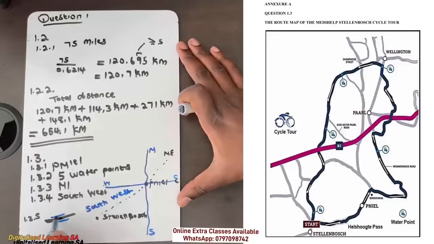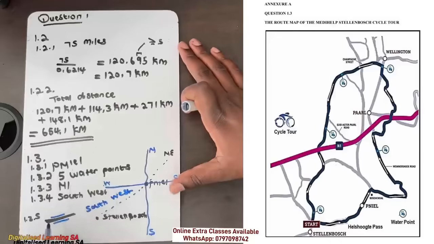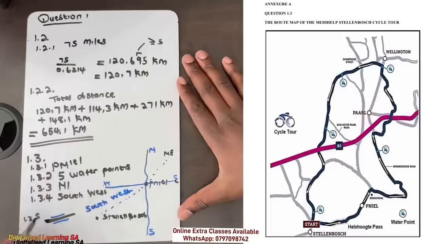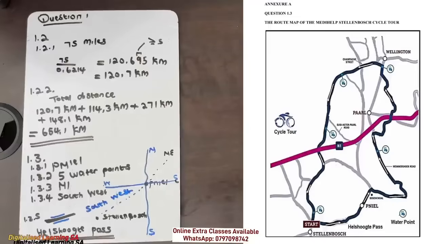So this represents a mountain, and that mountain in this case is called the L-shaped pass. So that's our answer, and that brings us to the last question of question 1.